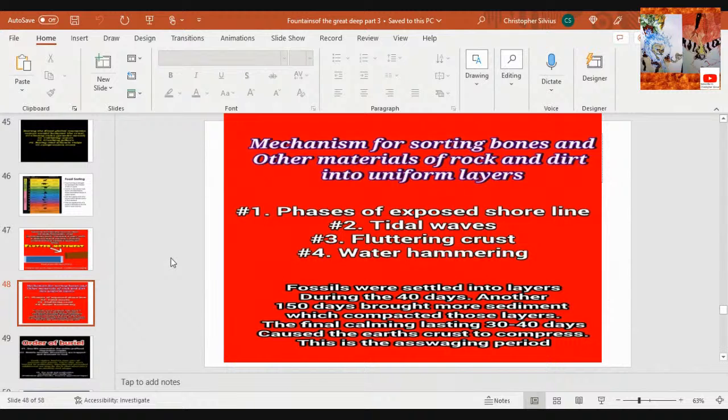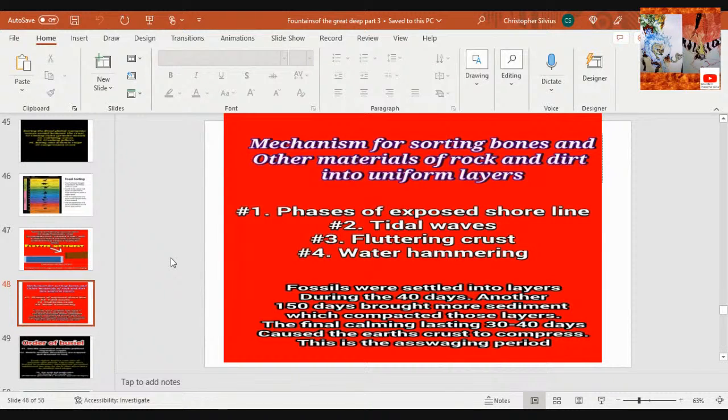But then you have the massive tidal waves, the fluttering crust, and the water hammering. The fossils were settled into layers during the 40 days. Another 150 days brought more sediments, which compacted those layers. And then the final calming lasted 30 to 40 days, caused the Earth's crust to compress, and that's the assuaging period, or compression event.